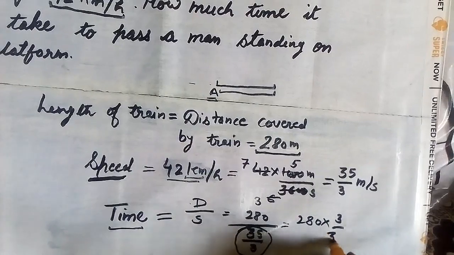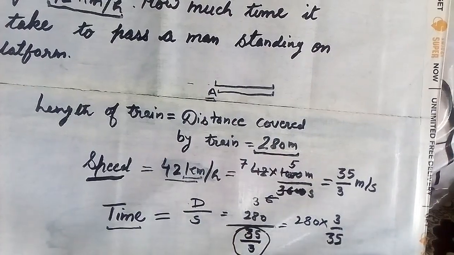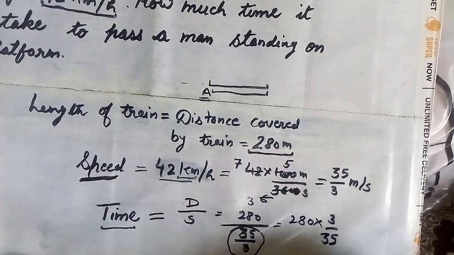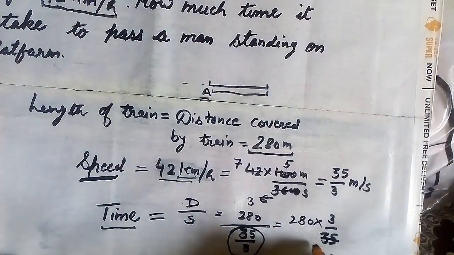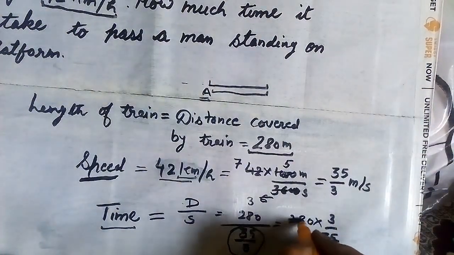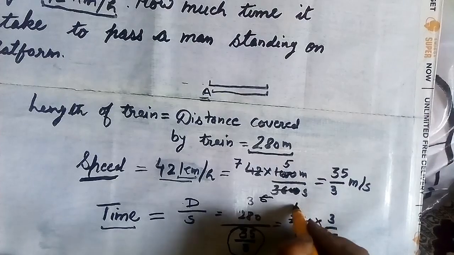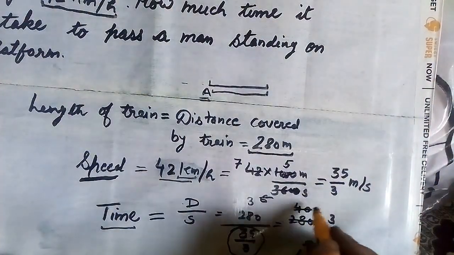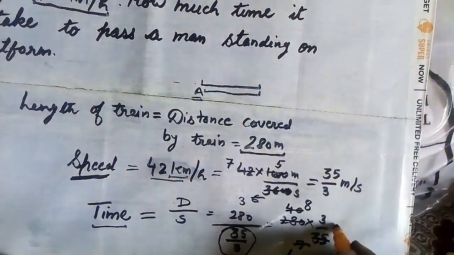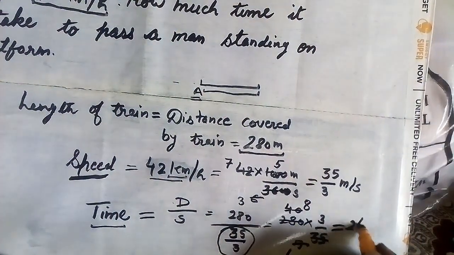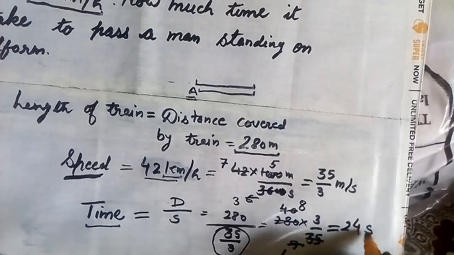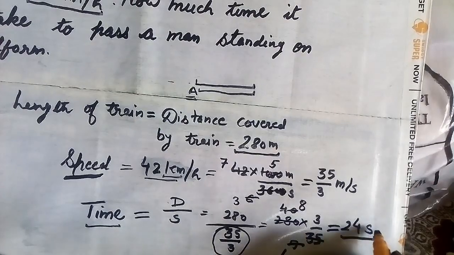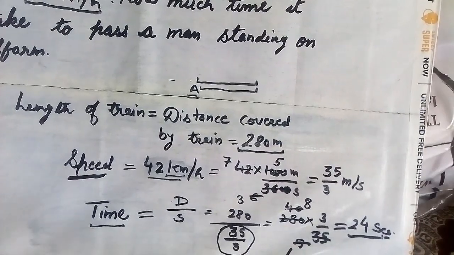So it will become 280 multiplied by 3 upon 35. Simplify it. 7 5s are 35, 7 4s are 28 and 5 1s are 5, 5 8s are 40 and 8 3s are 24. 24 seconds is your answer. This is the required time.